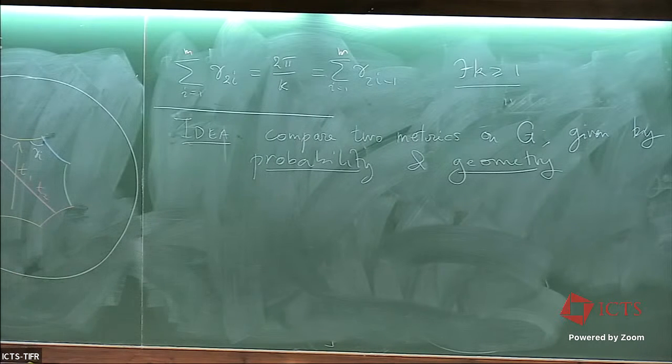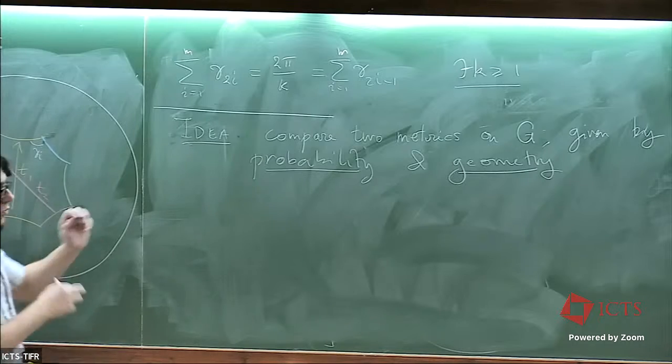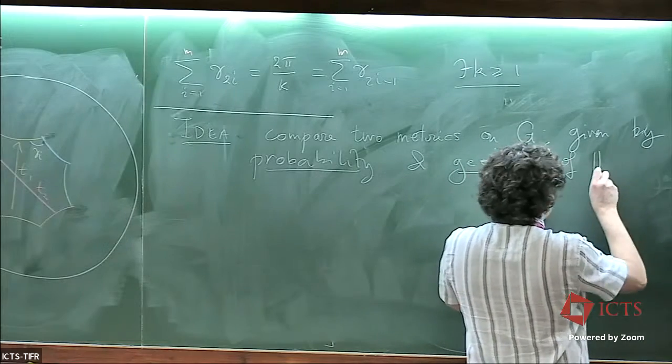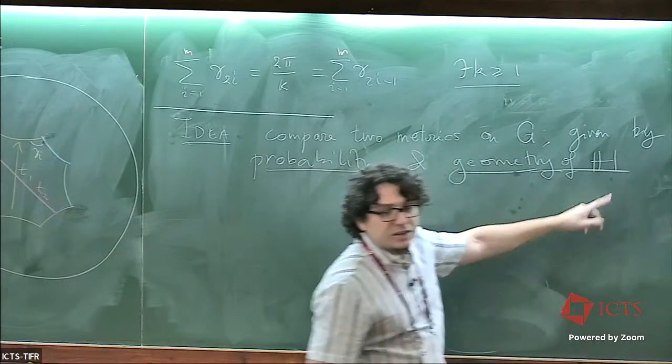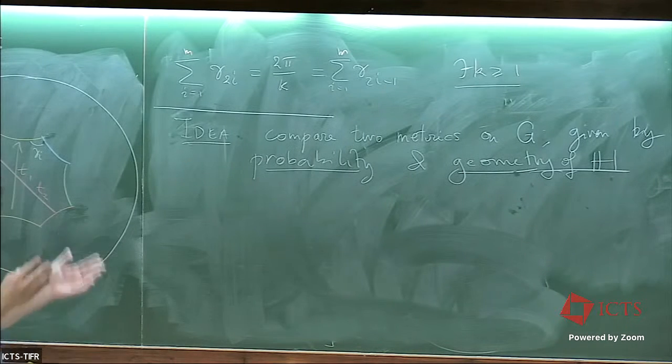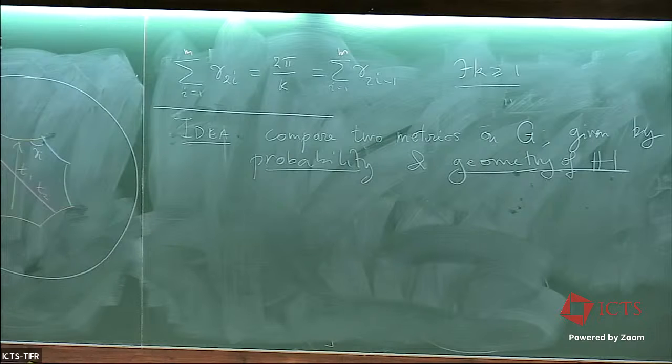So this, of course, would be a surface group, so it's not free. But here we don't care about the word metric. Here we care about the geometry of the hyperbolic metric, which again is quasi-isometric to the other one, but being quasi-isometric is not good enough to really tell them apart.